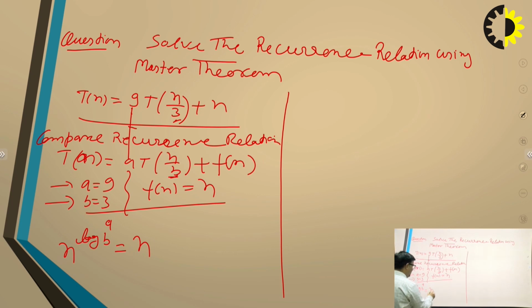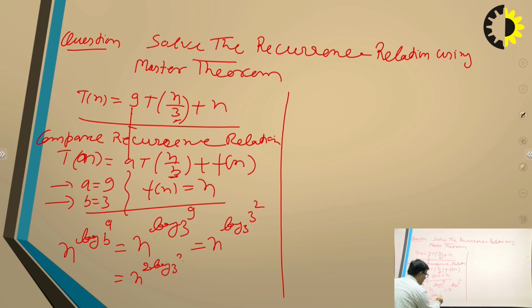Then n to the power log 9 base 3, which is n to the power log 3 squared base 3, then n to the power 2 log 3 base 3, then n squared. And the value of log a base b, that is log 3 base 3, if both a and b are the same, then its value is equal to 1.